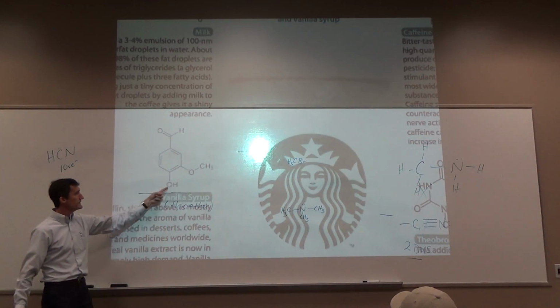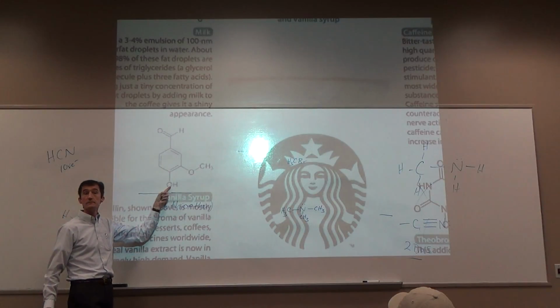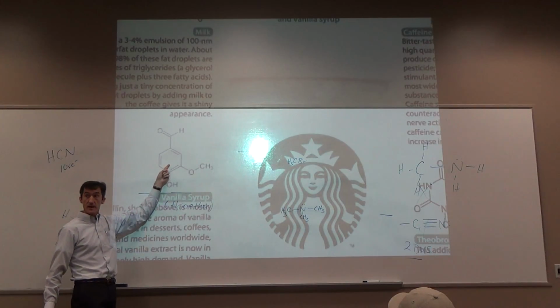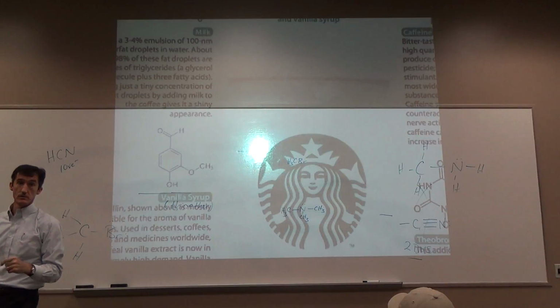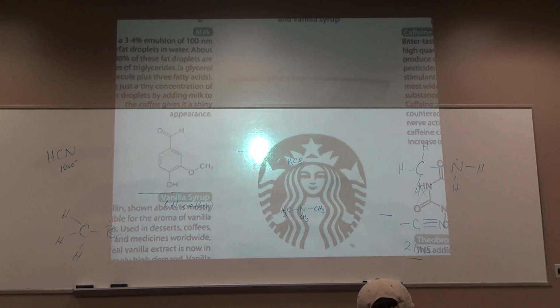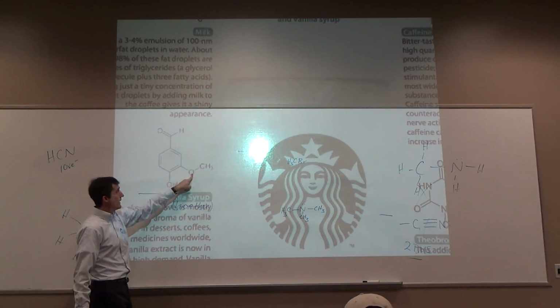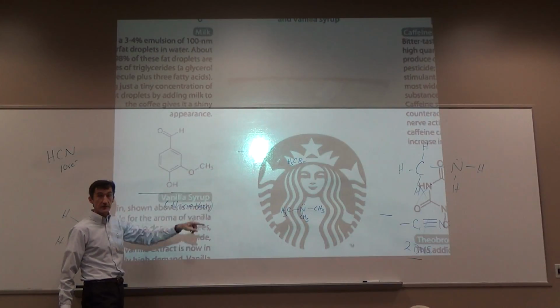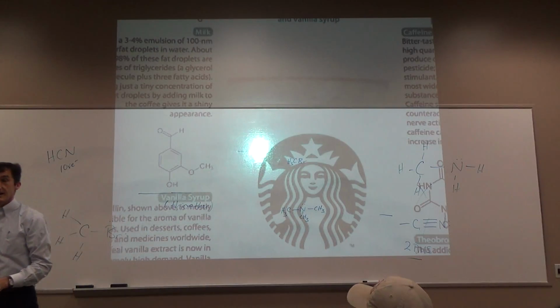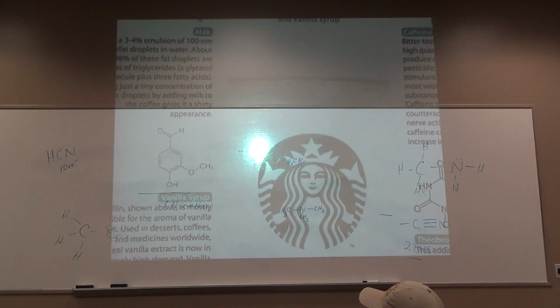What is this? Phenol. It's an alcohol bonded to an aromatic ring. It's pronounced phenol. Ether. Very good. Doesn't matter if it's bonded to an aromatic ring or not. It's an oxygen with carbon groups on both sides. It's an ether. Okay, guys, have a good weekend.